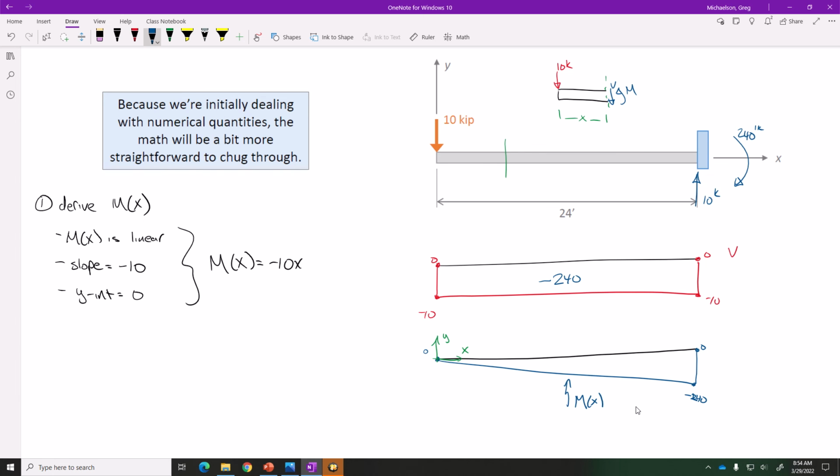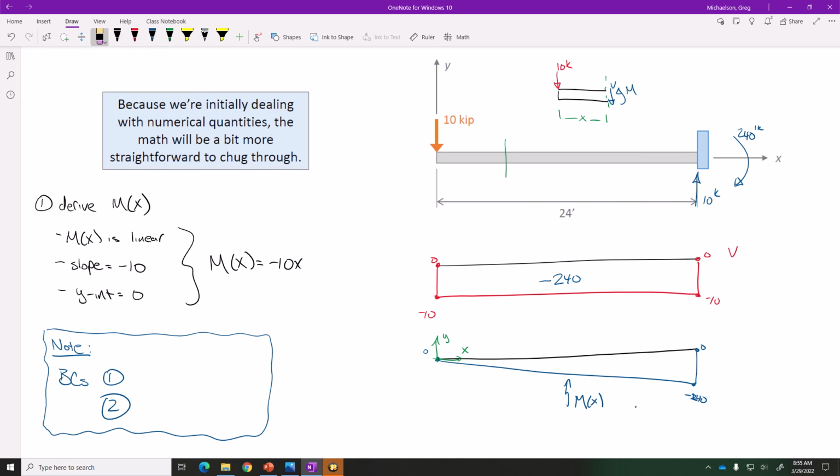Now, before we start integrating, I want to see if we can identify the boundary conditions. All right, I want this to not be cluttered.